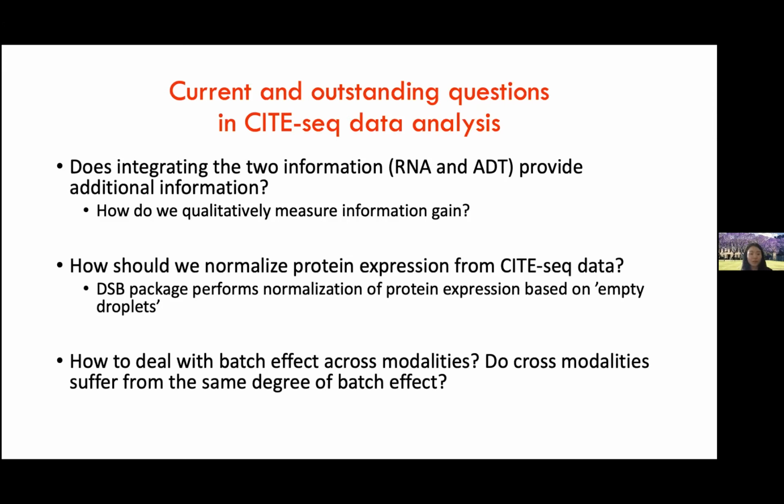From what we observe, ADT tends to have higher batch effects than the RNA, probably mainly because they have stronger signals. We are also working on how to deal with the batch effects and perform the integration afterwards.